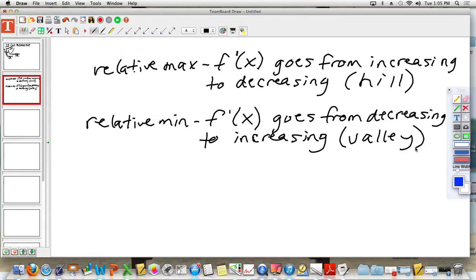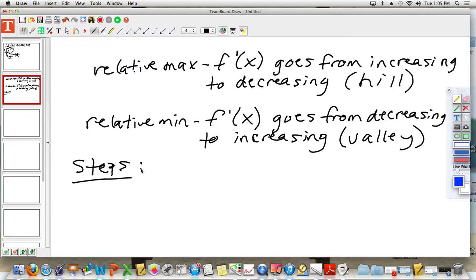So to calculate these relative minimums and relative maximums, there's a two-step process. The steps are not horrible, maybe detailed, but not horrible. Can I flip pages? No. Okay. The two-step process, and actually, I can probably fit these steps right on this page too.